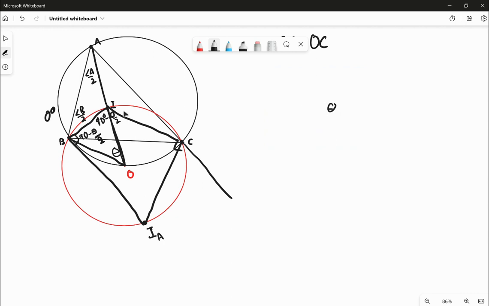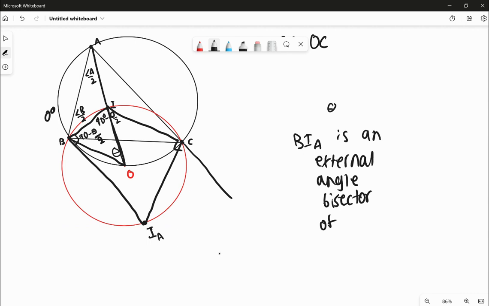And then 90 minus theta plus theta is equal to 90 degrees. So since angle IBI_A is equal to 90 degrees, that means that BI_A is an external angle bisector of angle ABC. And we also know something similar for CI_A, an external angle bisector of angle ACB.